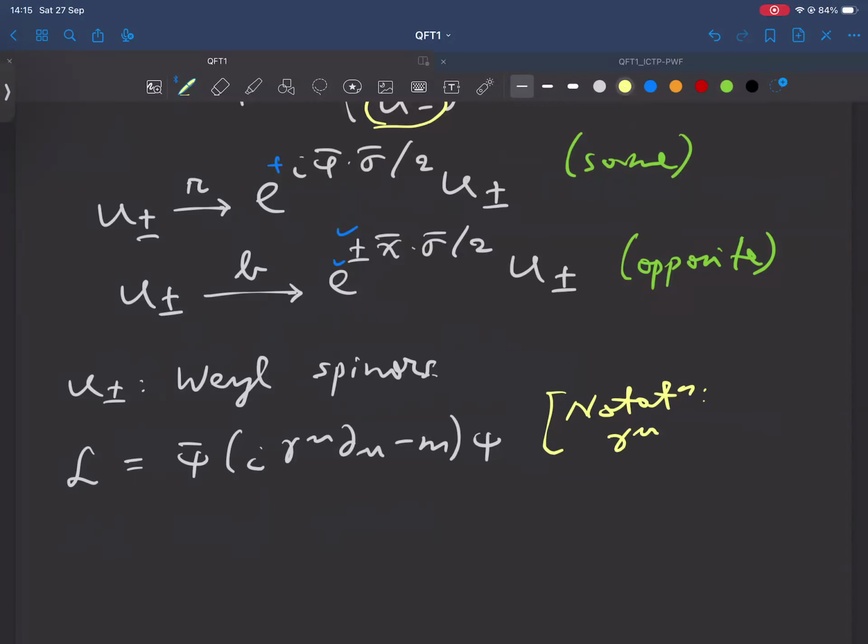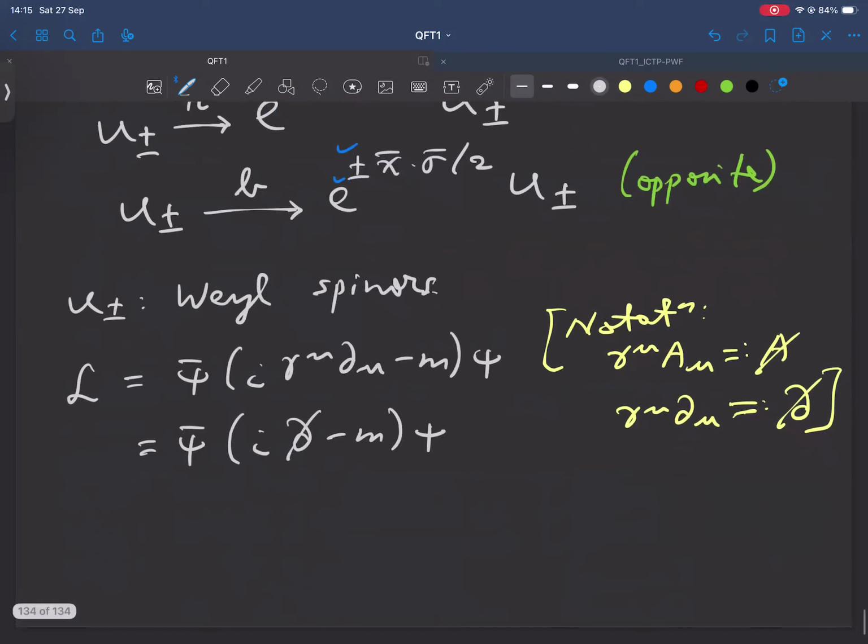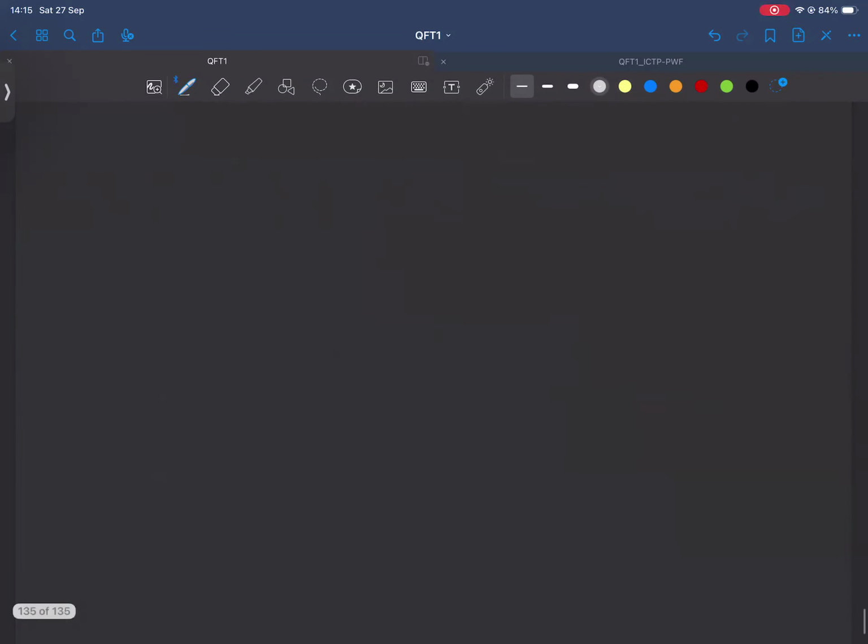Whenever you have gamma mu contracted with another vector a mu, we will write it as a slash. So gamma mu del mu is the differential operator with a slash. In other words, you can write this as psi bar, i del slash minus m, psi. That's just a notation for simplicity.